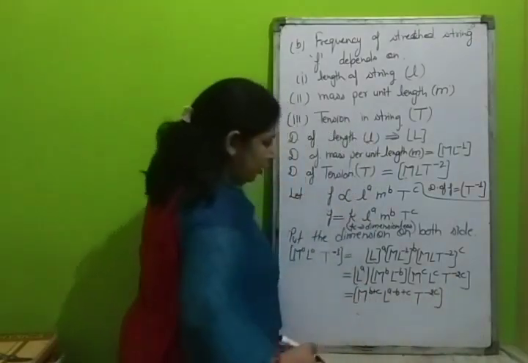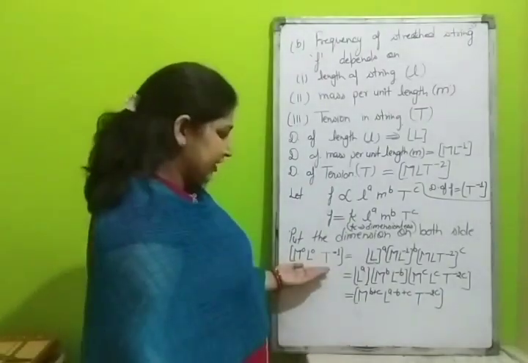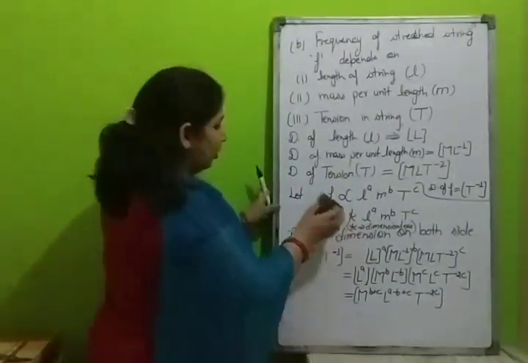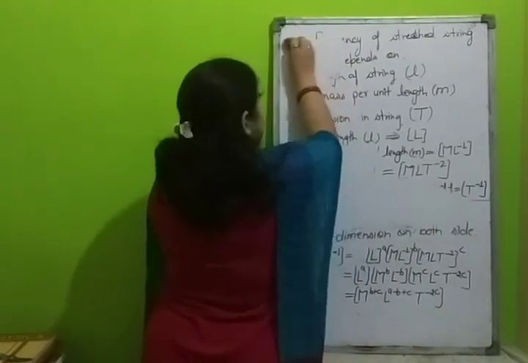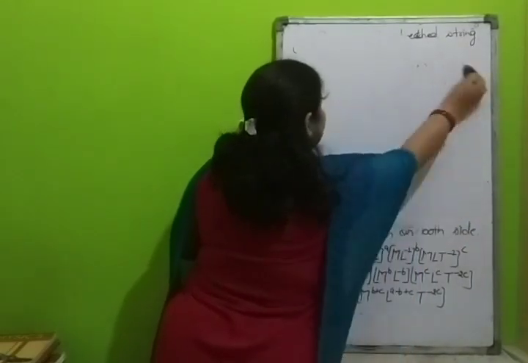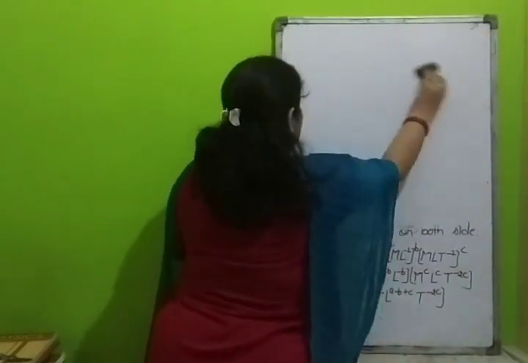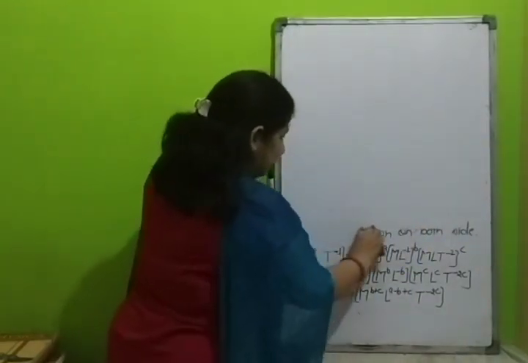Now we have one square bracket on the right-hand side and one on the left-hand side, so we can compare on both sides. One by one we will compare.